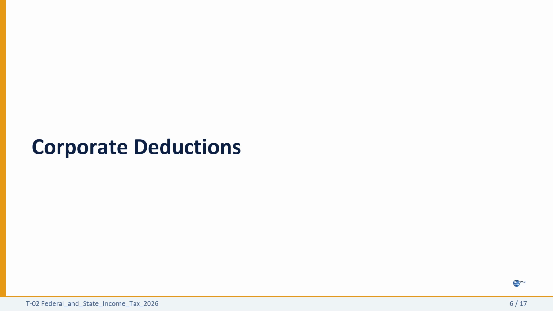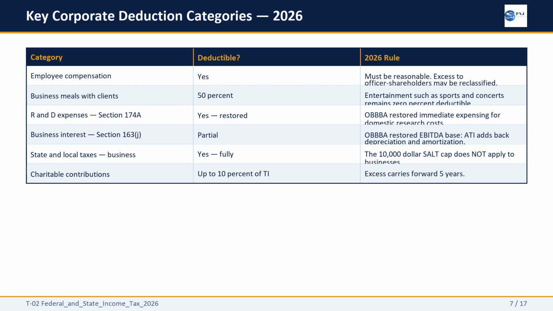Now let us look at what a C corporation can deduct. Section 162 allows deductions for all ordinary and necessary business expenses, but several key categories deserve attention, especially given recent changes under the OBBBA. Section 162 allows deductions for expenses that are both ordinary, common and accepted in the industry, and necessary, appropriate and helpful for the business.